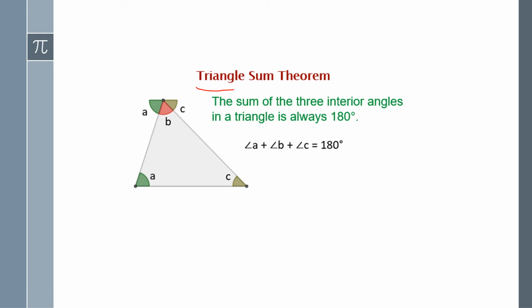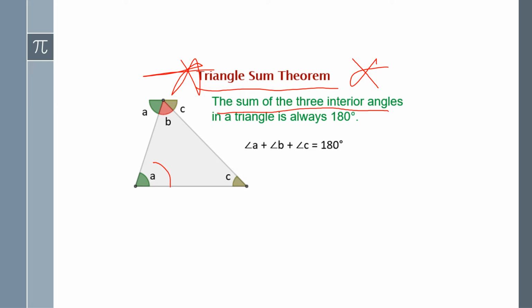Alright, triangle sum theorem. Guys, we've been dealing with triangles, but I like triangles. They look easy to work with because the stuff we're going to be dealing with next isn't so easy. So this is a point theorem that you must write down. The sum of the 3 interior angles in a triangle always equals 180.